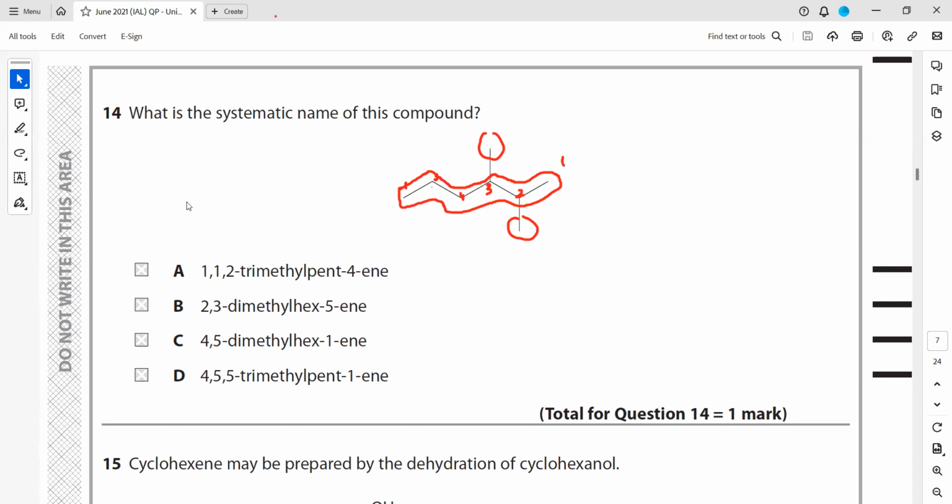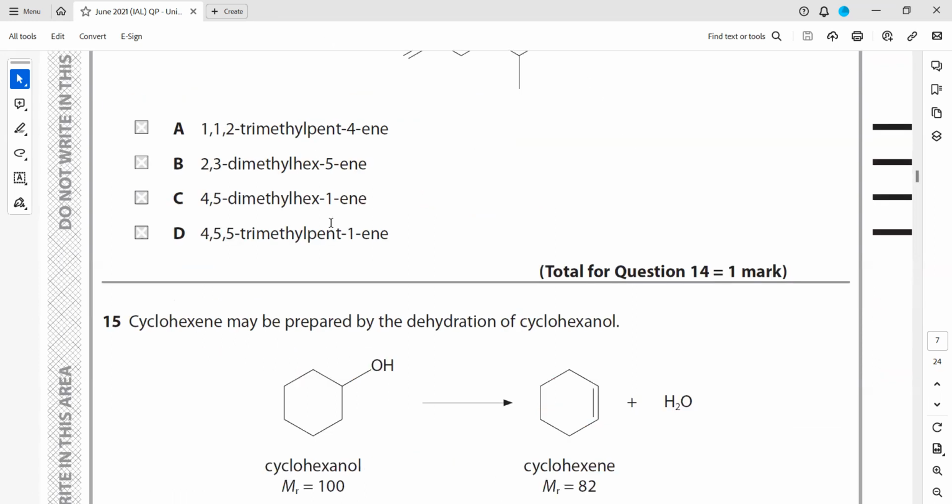So whenever you work it out, the numbering should always start from the nearest functional group. If a functional group is not there, then the nearest branch.